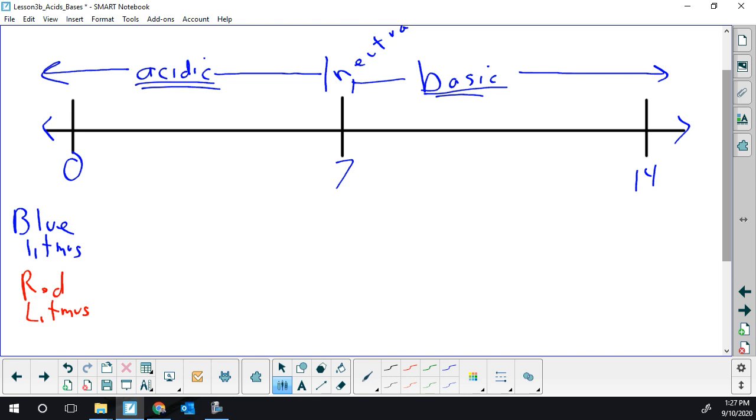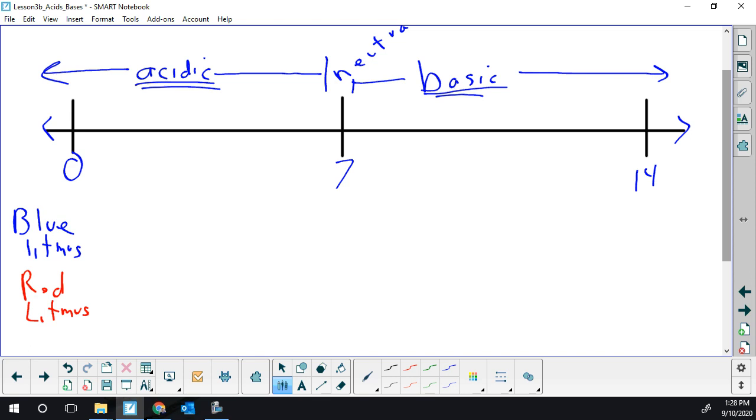So you're going to help me with the colors. Blue litmus, what's blue litmus going to do in an acidic solution? Turn red. Yeah, with acids, you just remember acids and red. So bases are blue, acids you're just remembering red.